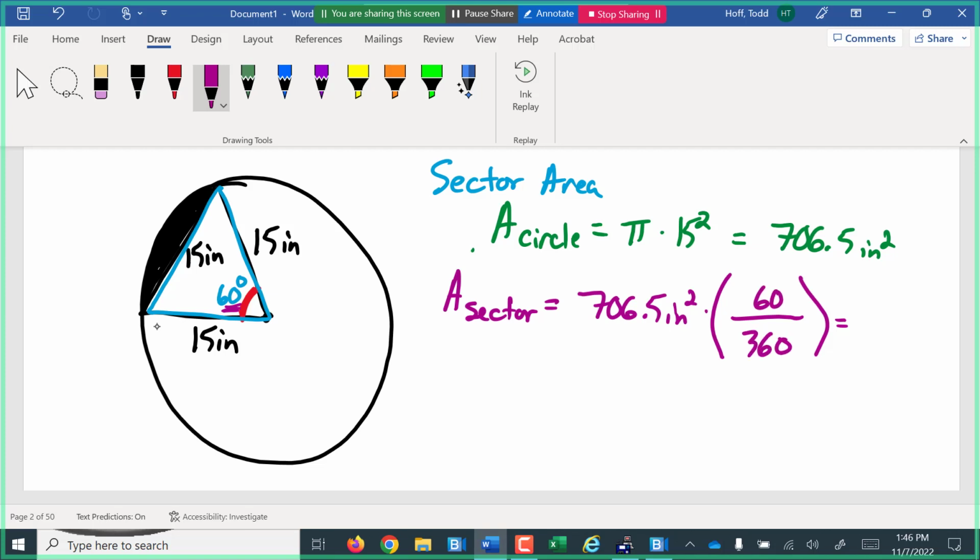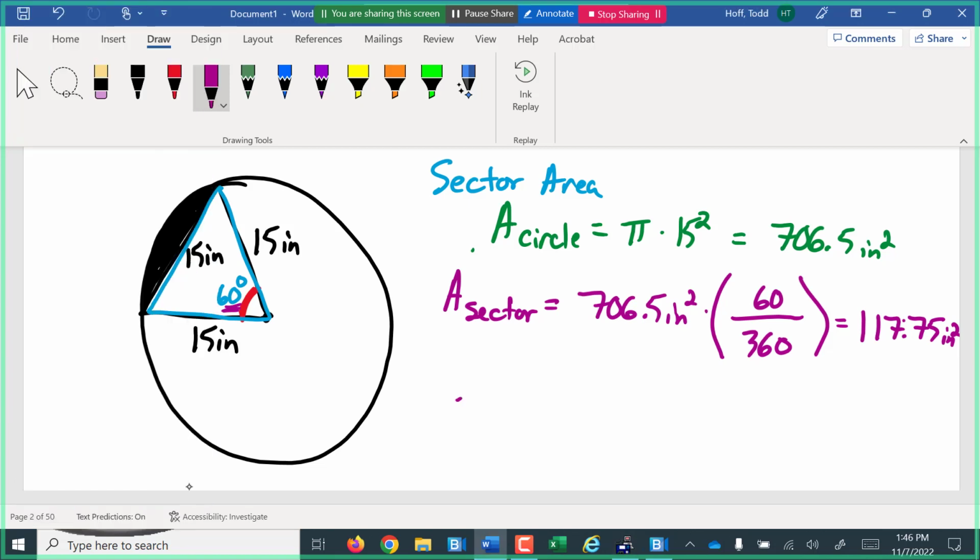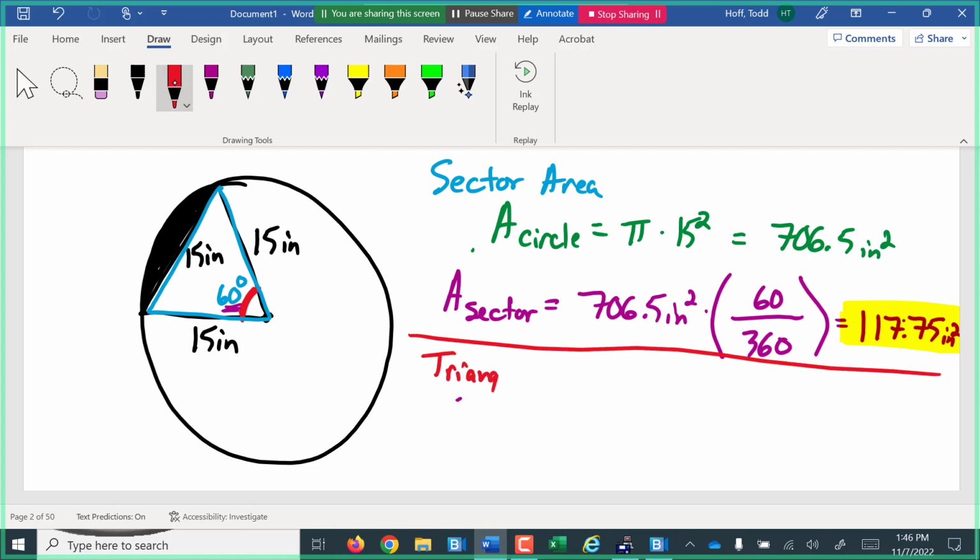Perfect. What does that give us? 117.75? Yeah. So that is the area of our sector. We need to remember that. Next, we need to find the area of that triangle.